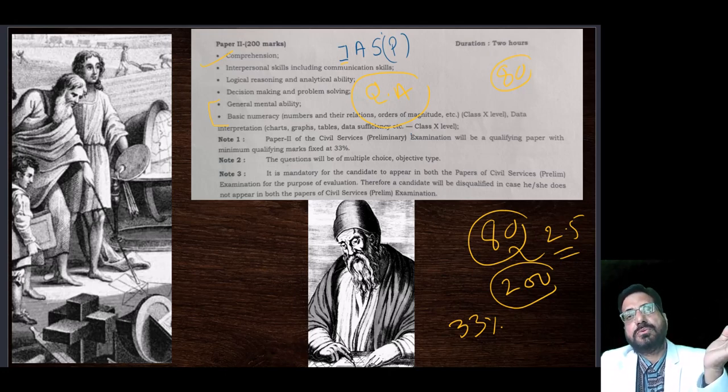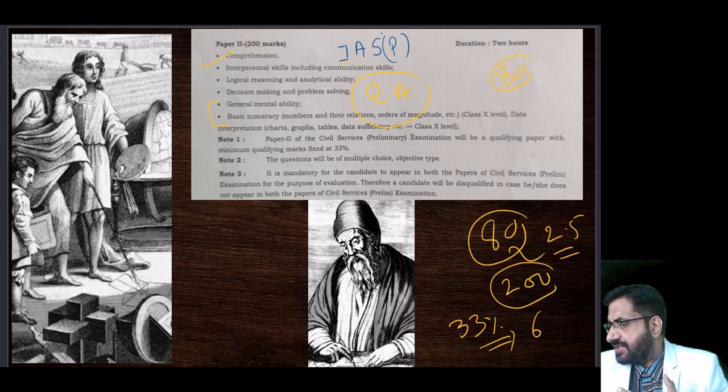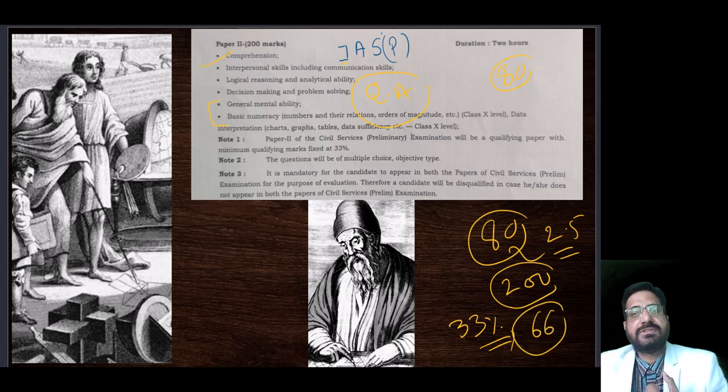Merit means to qualify for mains, to write the main exam. Just scoring 33% out of 200 means 66 marks. Just 66 marks out of 200. It's a very simple thing. Why people are making a big thing out of this, I don't know.